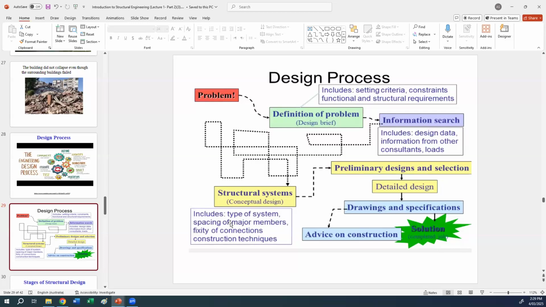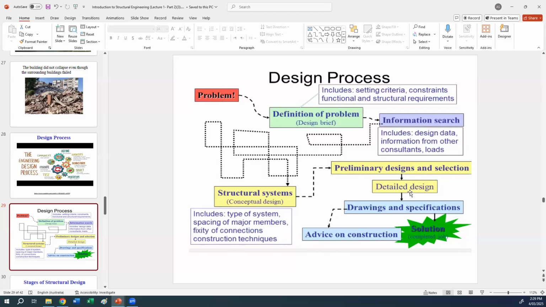And also you need to know the spacing of major members, fixity of the connection, like beam connection, fixed connection, and what construction techniques you will be following. Then after you decide the structure system, this will lead to the preliminary design and selection.